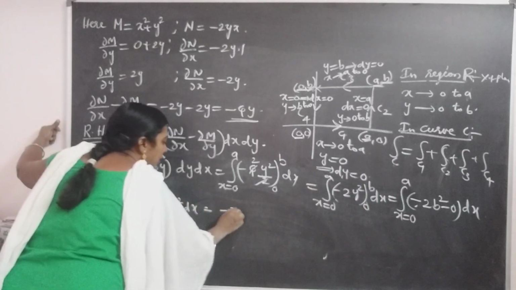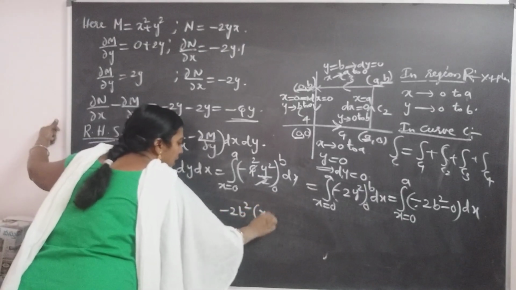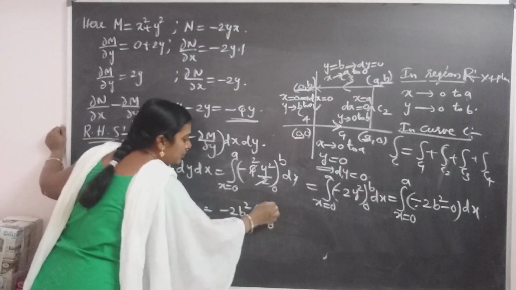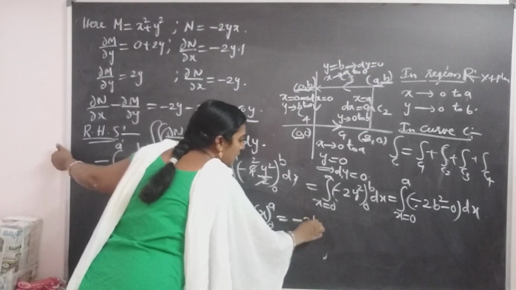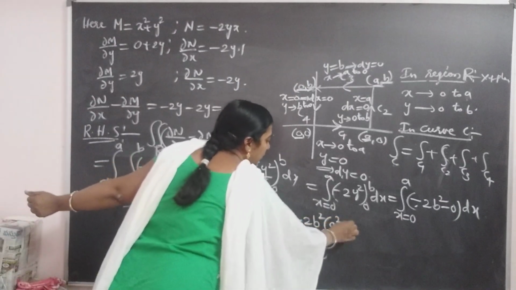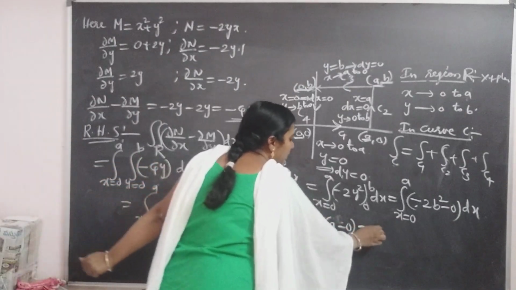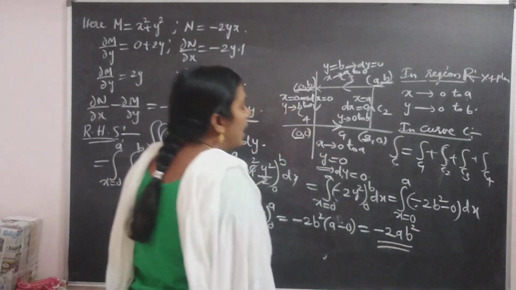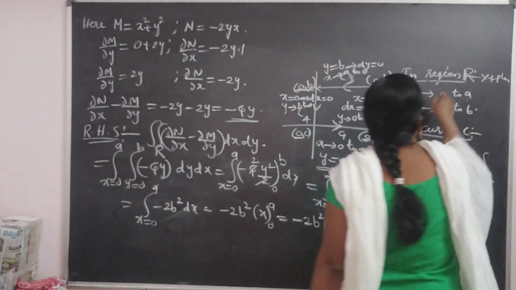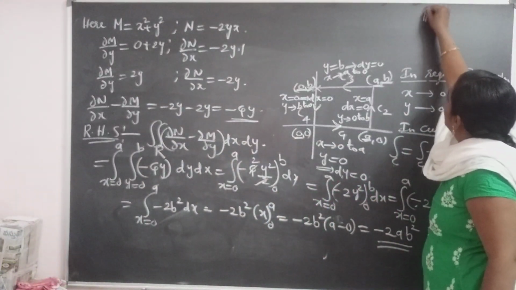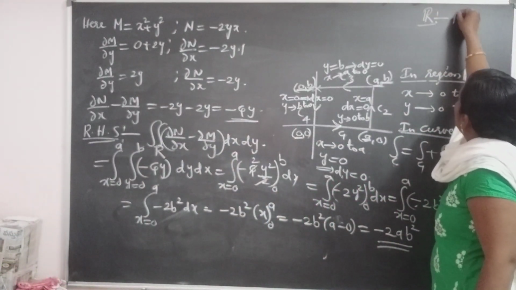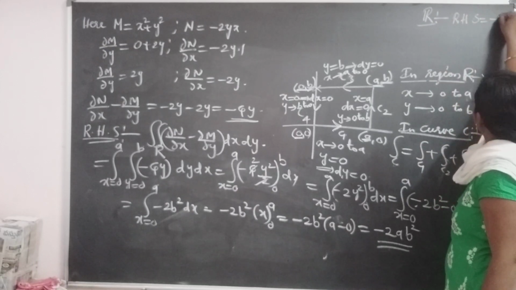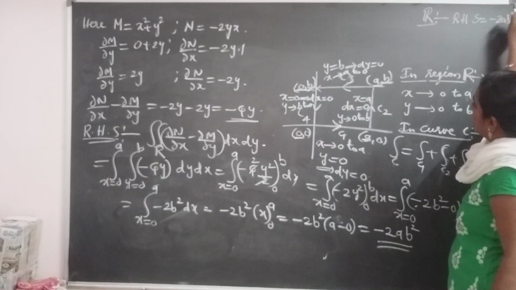It is a constant. Then the integration of dx is x, from 0 to a, that is minus 2b square into a minus 0, which equals minus 2ab square. So the RHS of Green's theorem, in the region capital R, is minus 2ab square.